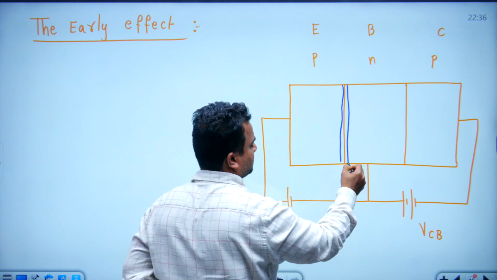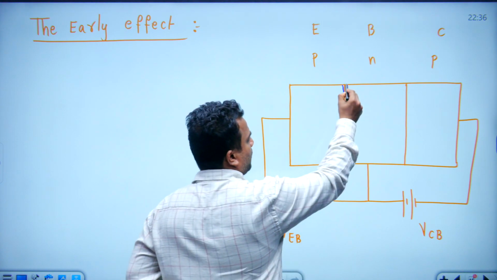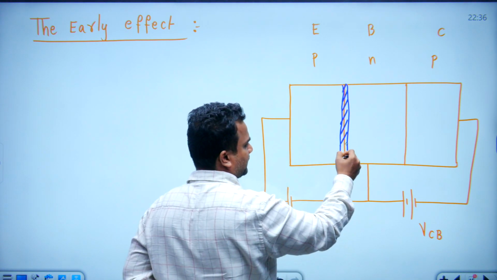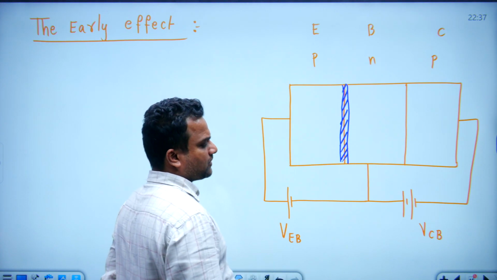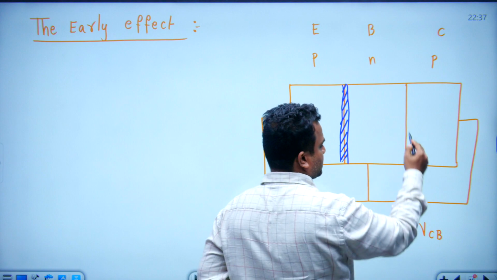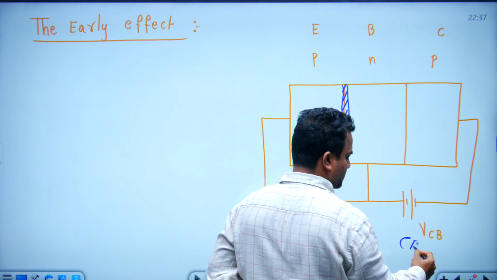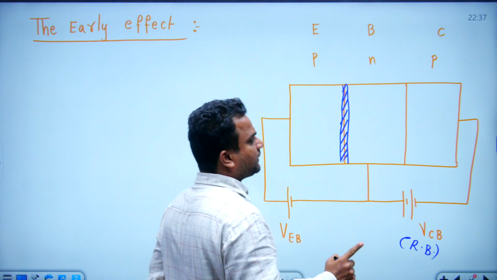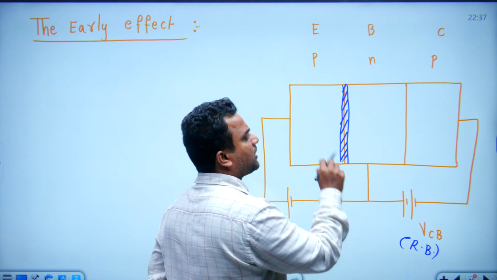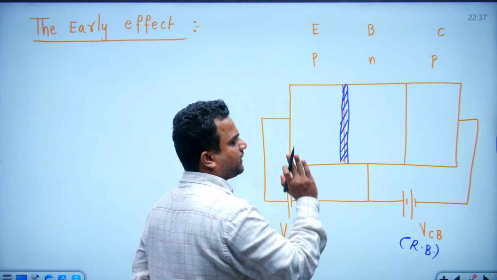The depletion layer width is very less, and of course it is negligible. Whereas the collector base junction is in reverse bias, and the depletion layer width across the collector base junction is maximum because it is in reverse bias.